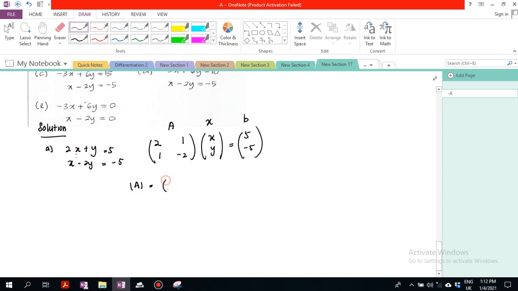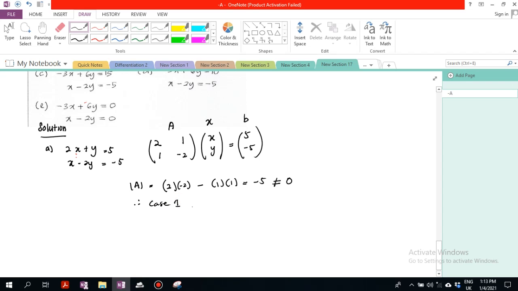So here you will get 2 times negative 2 minus 1 times 1, so you will get negative 5. So technically we know this is not 0. When your A determinant is not 0, this is under case number 1.